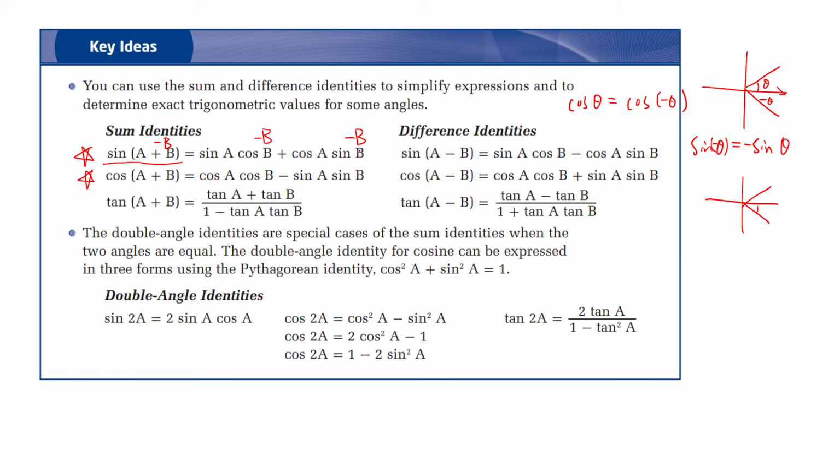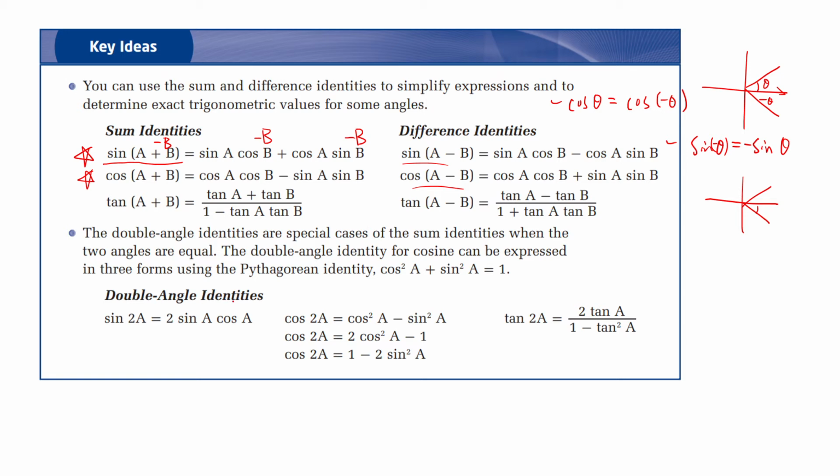So here sine negative B will equal negative sine B. So if you know some basics of trigonometry, these two actually you don't need to memorize. Sometimes I just memorize these two, and the rest I can derive by myself.